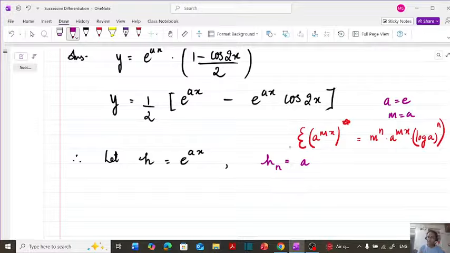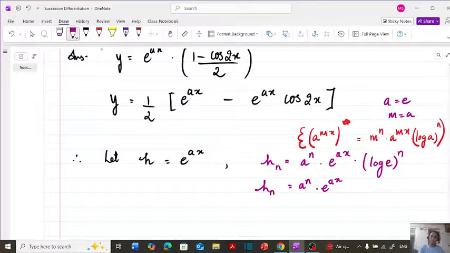So just be careful: a to the power n into e to the power ax into log e to the power n. This is the nth derivative over here. In short, what you have got is a raised to n e to the power ax, because log e is 1 and 1 to the power n is 1. So that is your hn derivative. So this is your first portion of your answer.